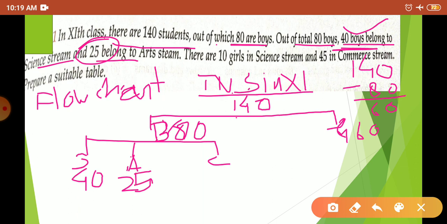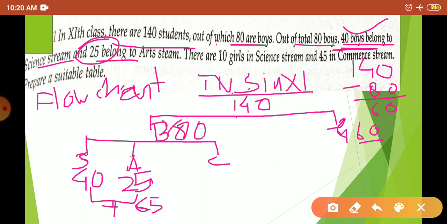Okay, and now commerce. So in the same way we will calculate as we had calculated the number of girls. We know science has taken 40 students, arts has taken 25. So whatever is left, that belongs to commerce. So we are going to add these two. 40 plus 25, we are going to get 65.